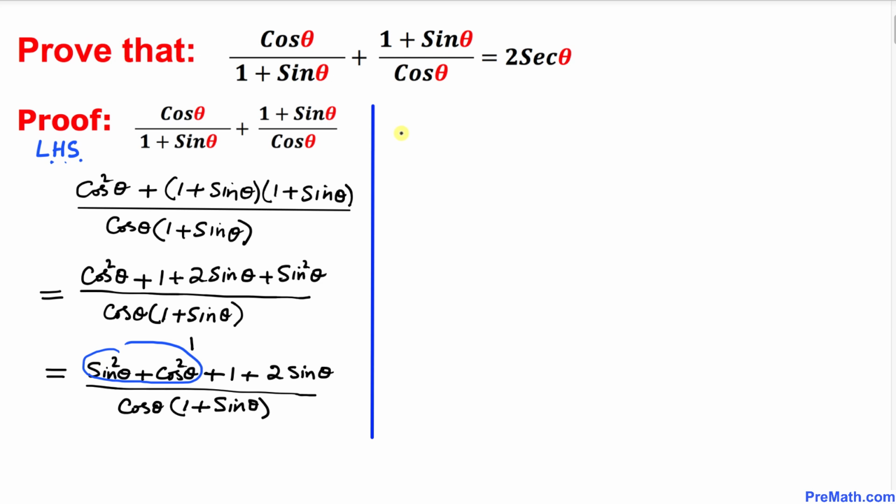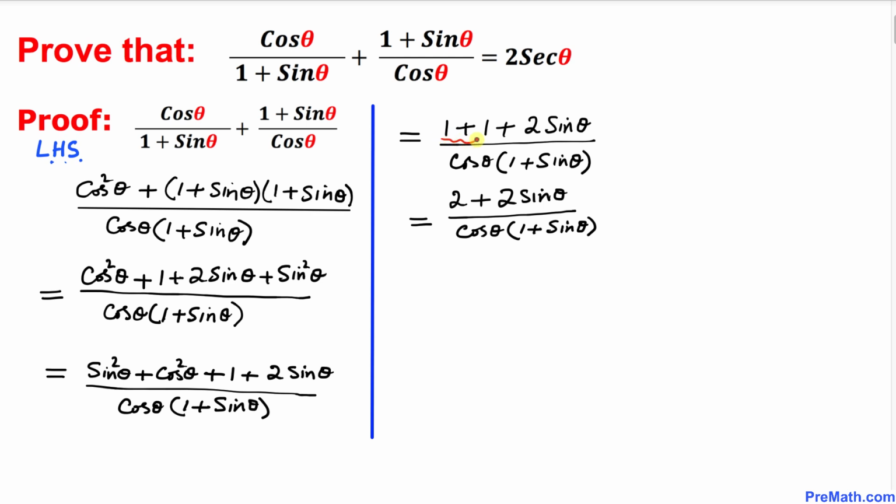So therefore, our numerator on the left hand side could be written as 1 plus 1 plus 2 sine of theta divided by cosine of theta times 1 plus sine of theta. And now in this next step, 1 plus 1, I have just replaced it by 2.